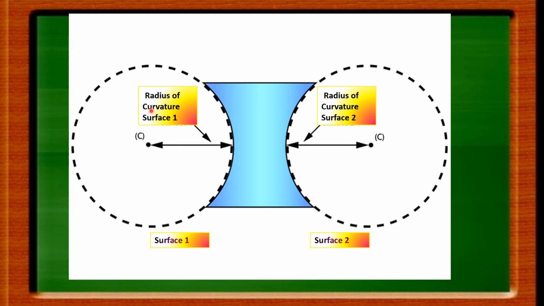The radius of this sphere is called the radius of curvature of the first surface, surface 1. Similarly, this one is surface 2, the second surface. The second curved surface is part of another sphere, and the radius of this sphere is called the radius of curvature of surface 2.